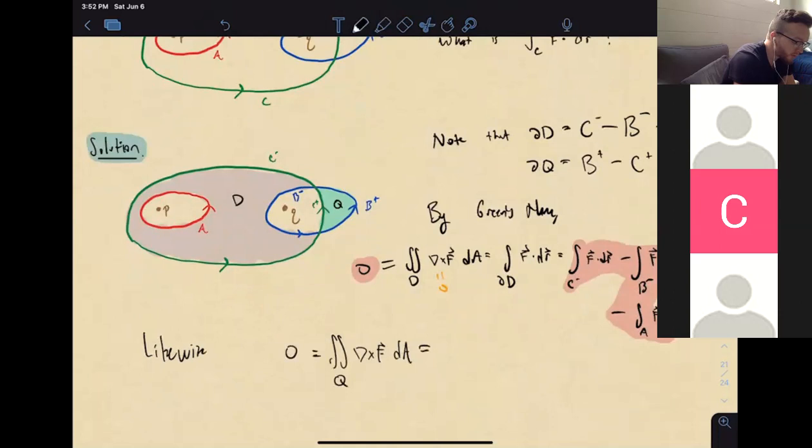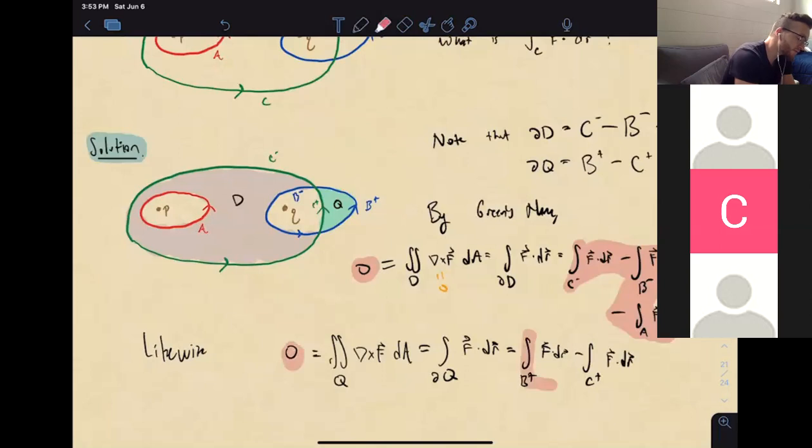But the boundary of q is b plus minus c plus. And so this also equals 0.